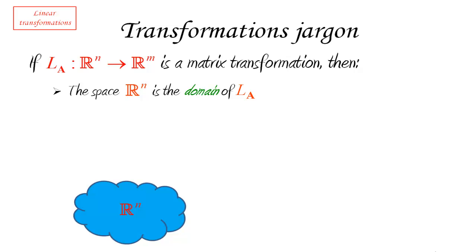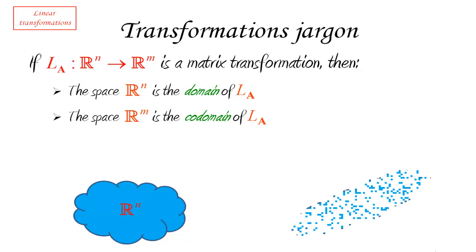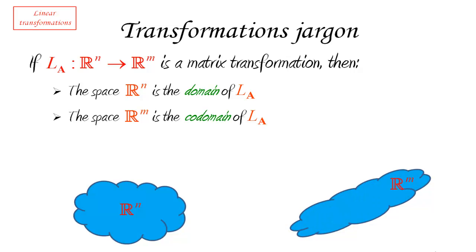So the domain is just, well, which vectors can we use, and once we know which ones they are, we can use them all. Then we say the space Rm, which is the space in which we find the vectors that are going to come out of the transformation, is called the codomain. And this is a word that probably you have not seen, because for functions, generally the codomain is always the set of real numbers.